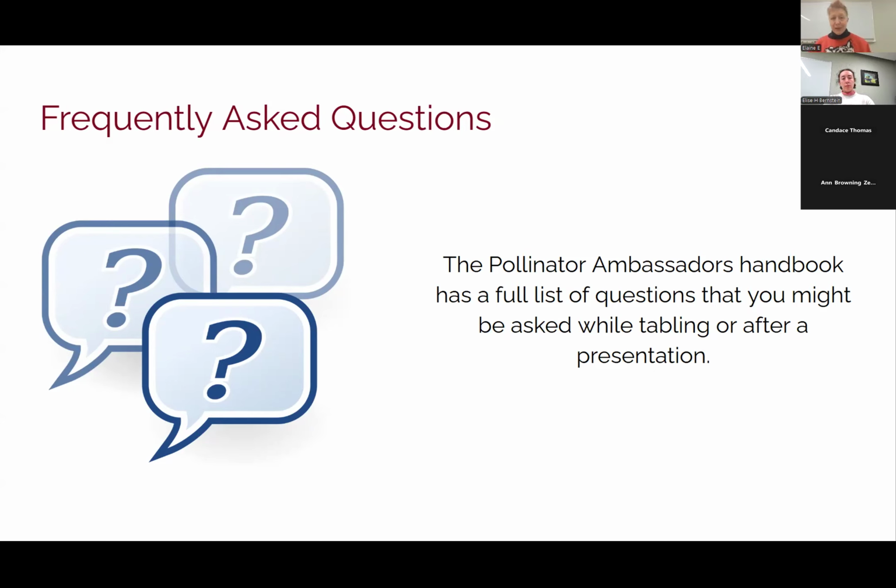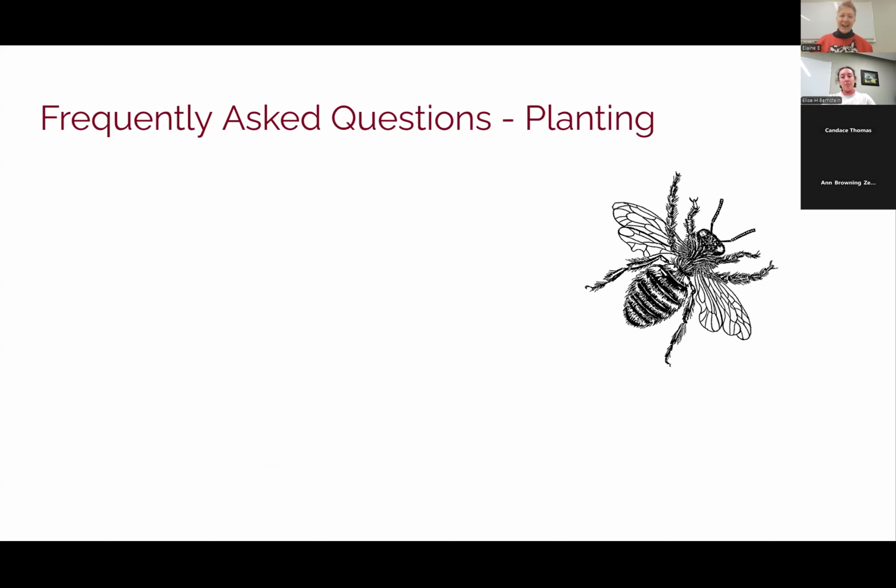So that's something that, depending on where you're at, you might want to print out that section of the handbook and have it with you so you can reference it. But right now we're just going to go over some of these general categories and approaches to dealing with these questions. You know, so at tabling, there's always a lot of questions, but with presentations as well.